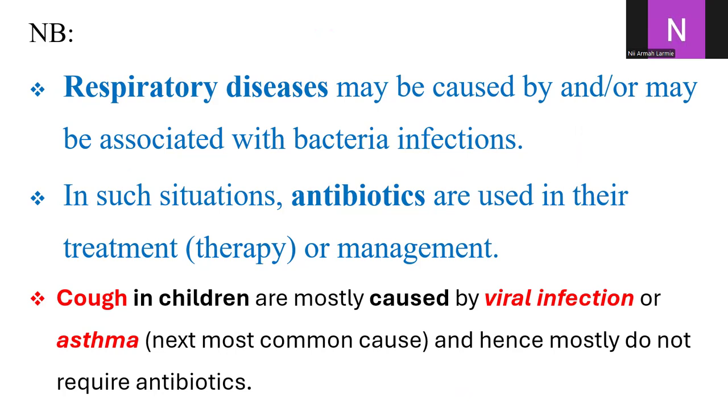So before you go writing antibiotics for children for respiratory infections, you must rule out asthma and viral infections, and you must confirm bacterial infection before you go ahead and use antibiotics. Otherwise, using rampant antibiotics in children is one of the ways we are not managing our antibiotics properly. We are not being good stewards of our antibiotics.